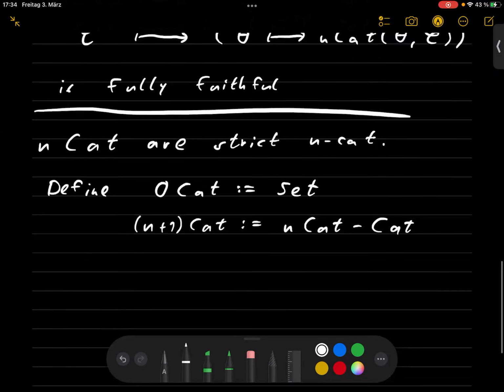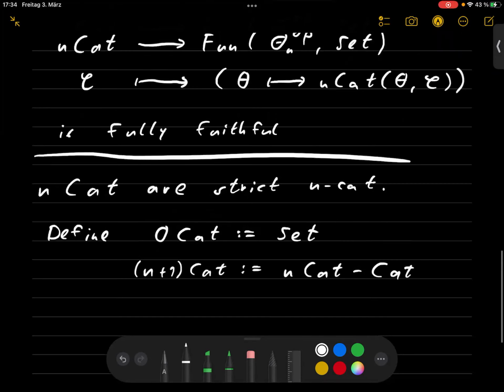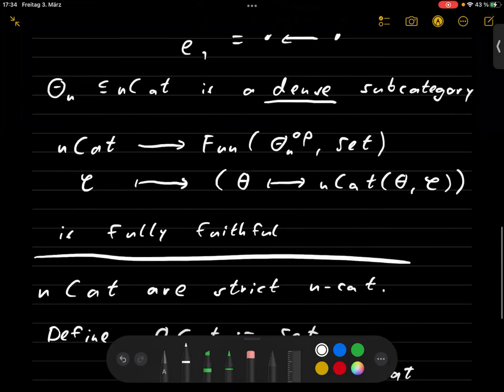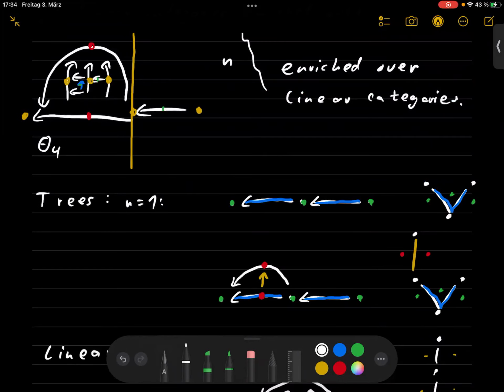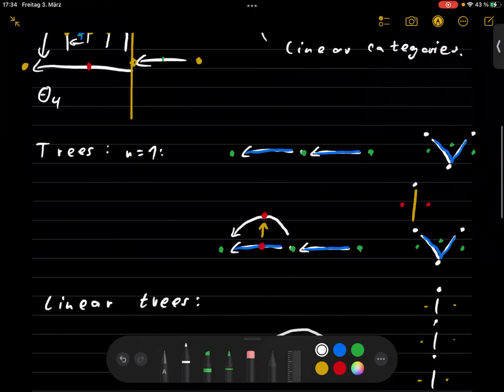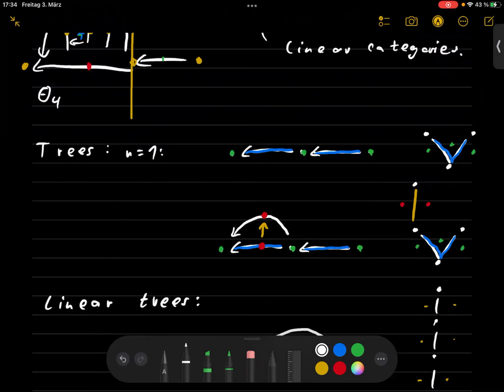In the sense that when you look at these pictures, then you have these morphisms, and of course I only drew the graph of the category. But when you have such a thing here, for example this morphism and this one, then you can of course compose them together. And moreover, you can also do higher compositions.